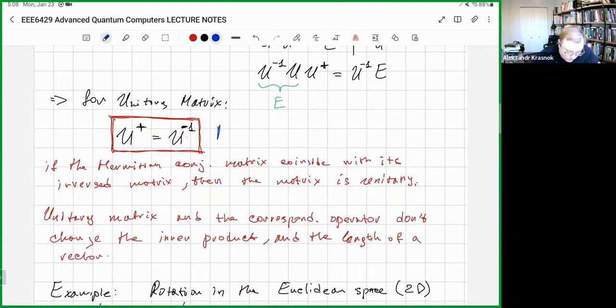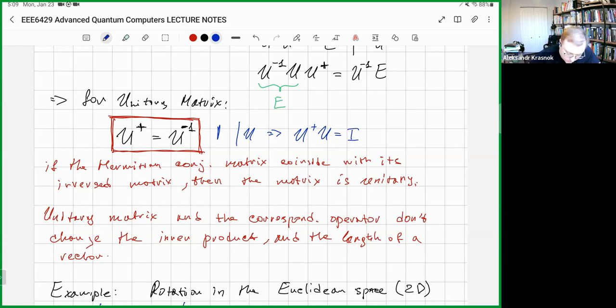Or, by multiplying this equation by matrix U on the right side, you get U Hermitian conjugate times U equals I, the identity matrix.